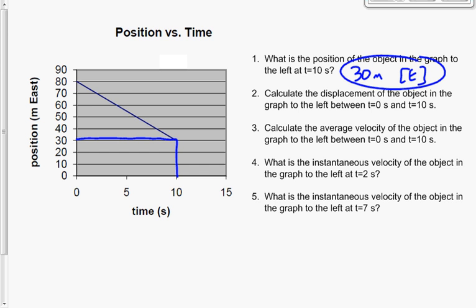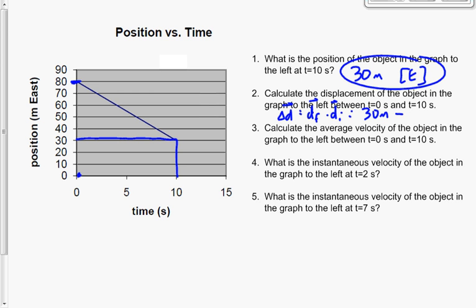What's the displacement of the object in the graph between 0 seconds and 10 seconds? Displacement is the final position minus the initial position. The final position at 10 seconds is 30 meters. The initial position at 0 seconds is 80 meters.